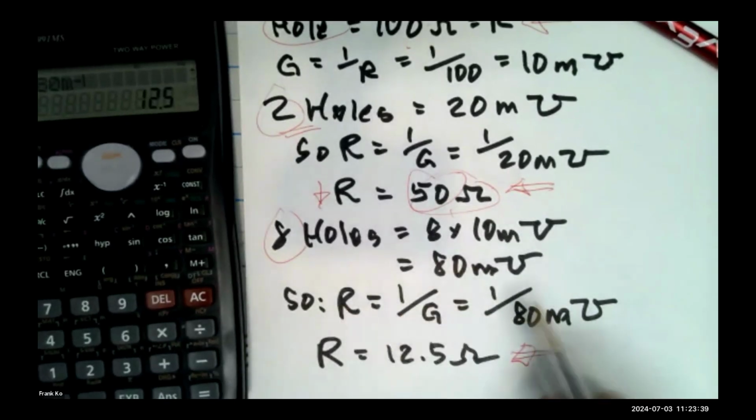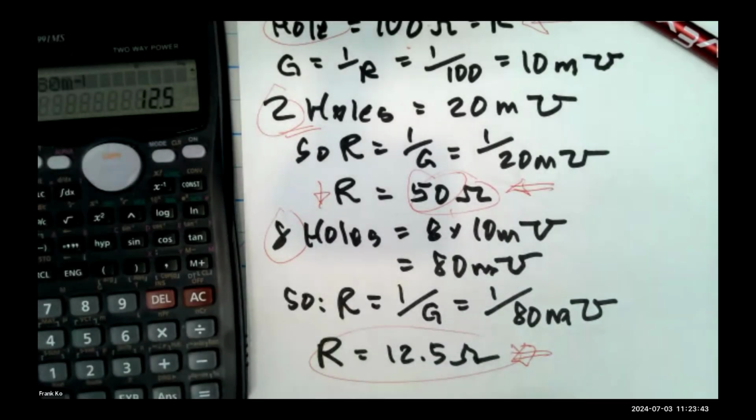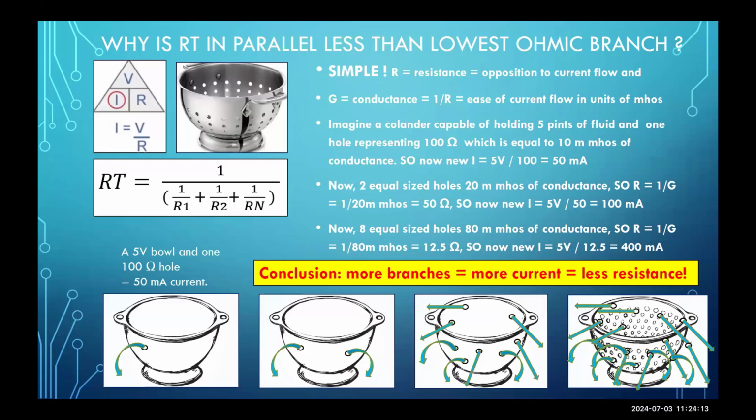My total resistance decreased even further. So that brings us to our conclusion: more branches equals less resistance. In the yellow box, conclusion, more branches equals more current equals less resistance. All right, next.